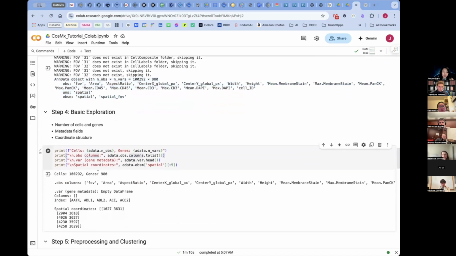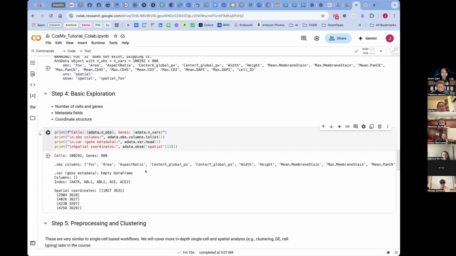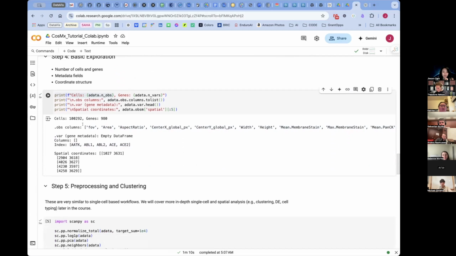You can also call the number of observations and number of variables, with example code to show what the genes or targets look like, and what the metadata look like. And we can also load the spatial coordinates of each individual cell by going into the spatial obsm slot, as I mentioned.